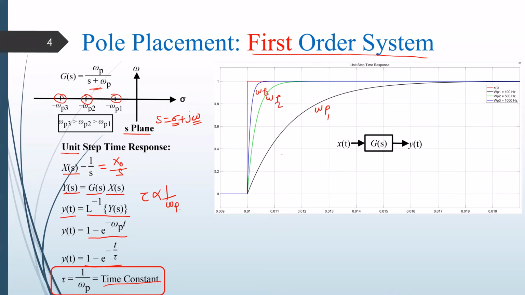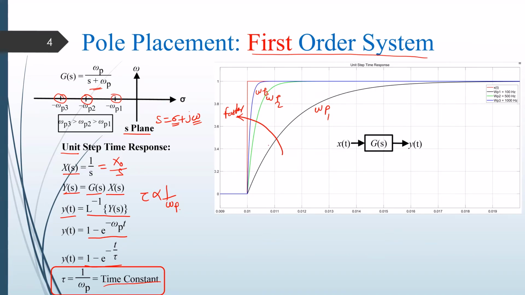So you can clearly see as omega is increasing, the response is getting faster and faster, which is also expected because tau is inversely proportional to your pole, or let's say to the bandwidth. Here the pole and bandwidth are the same for the first order system. So if your bandwidth is higher, then your time constant is lower and it goes to a steady state very quickly.